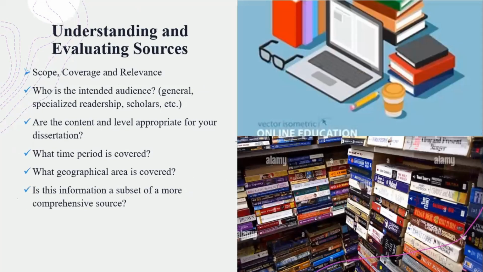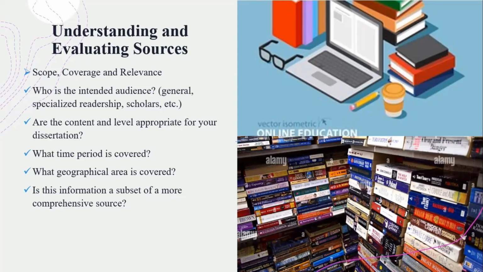And the next one is that you need to also find out the scope, coverage, and relevance of that material. Because with academic materials, you don't just pick it, read it, and that is that. Is the material even relevant to whatever study you are doing? There are a whole lot of materials out there, and some of them may not be for the field or the topic you are working on.